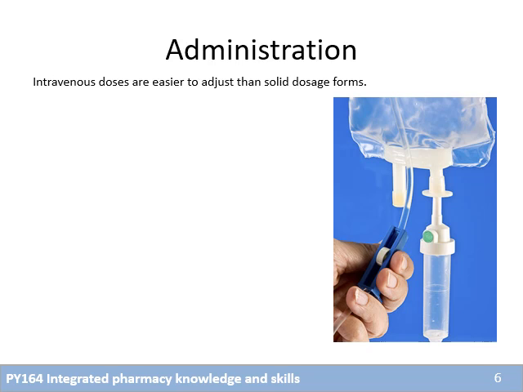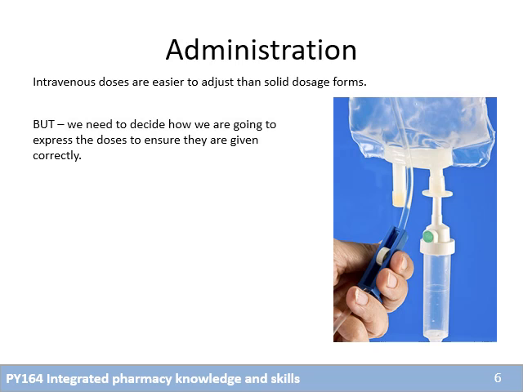So intravenous drugs are easier to adjust than solid dosage forms. You've really just got to add stuff into the bag to make it a different amount of drug being given. However, the problems arise here not so much in numbers, it's more in logic. It's making sure that we are very clear about the units we're using.